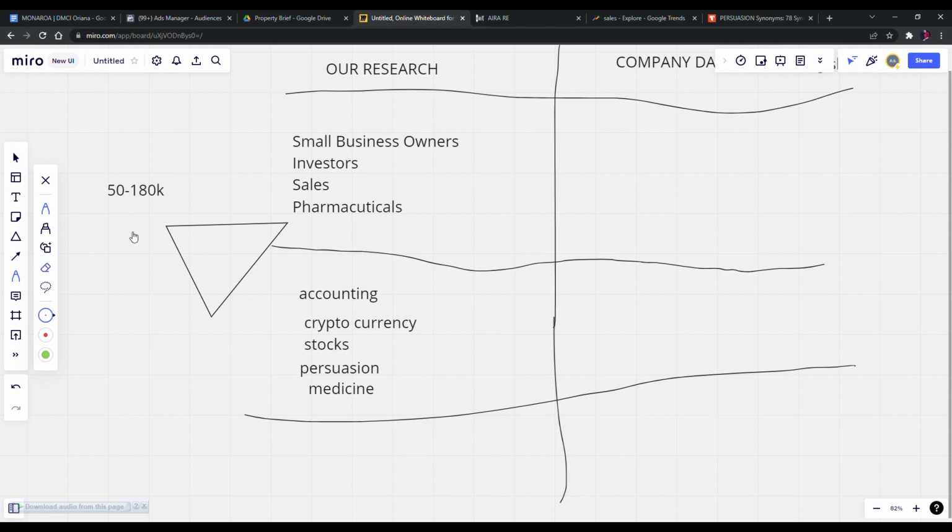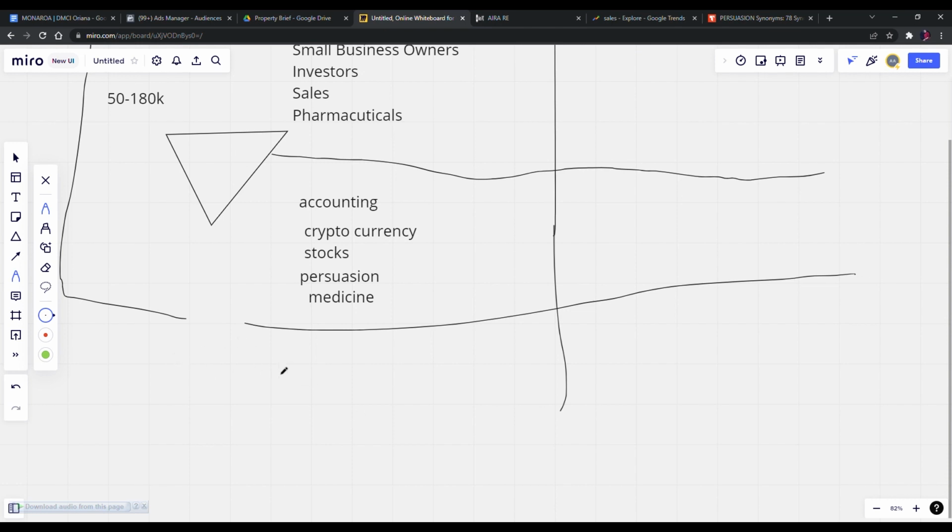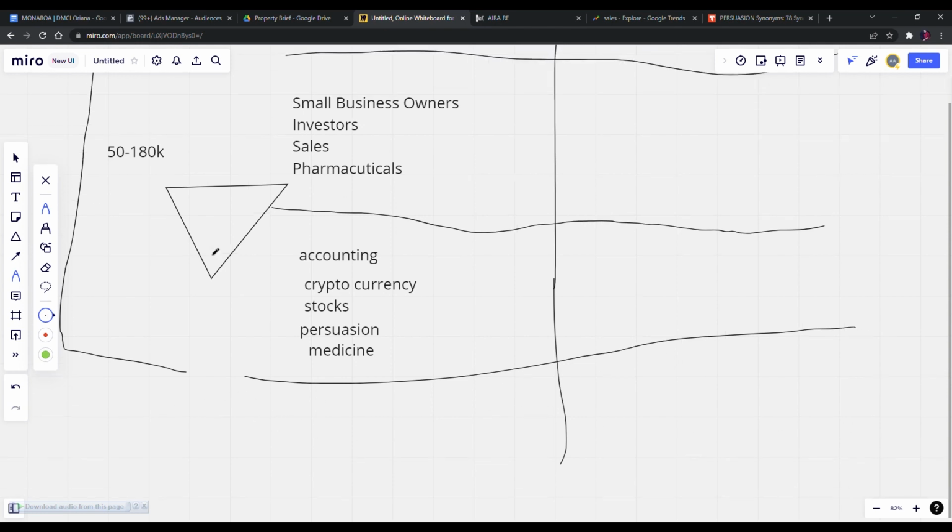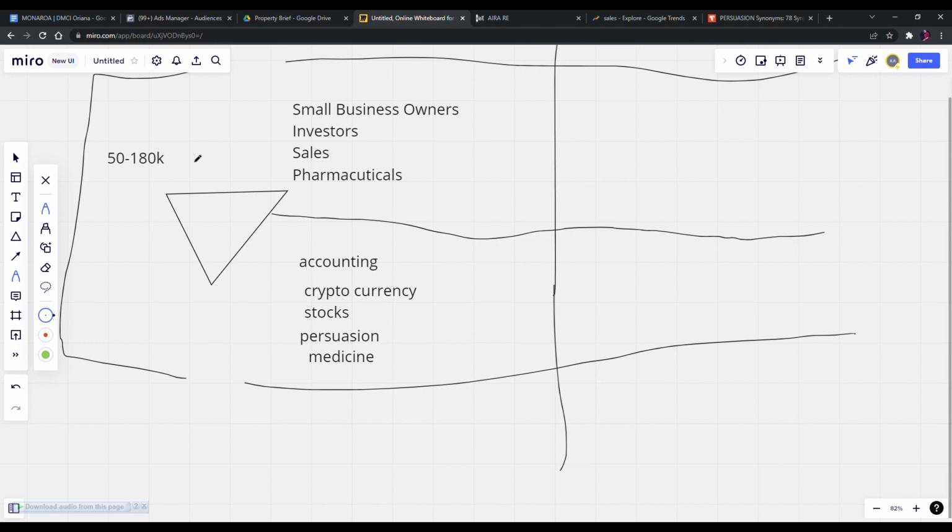Now, since that's just the first level of the whole salary-based targeting, the reason why I placed another line right here is this. So right here, these are still pretty much the interests of people who are earning this much.